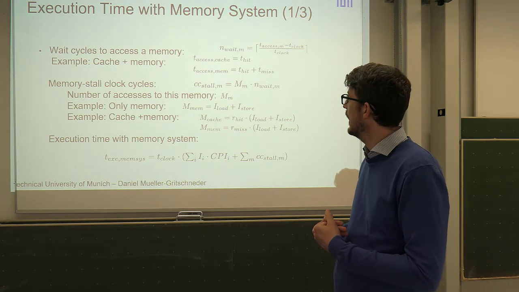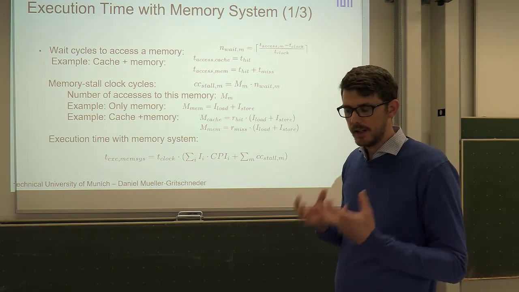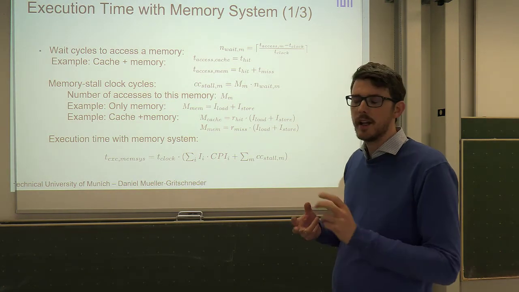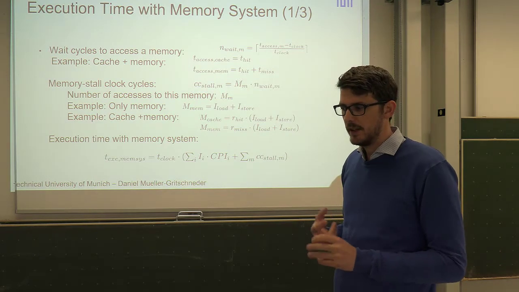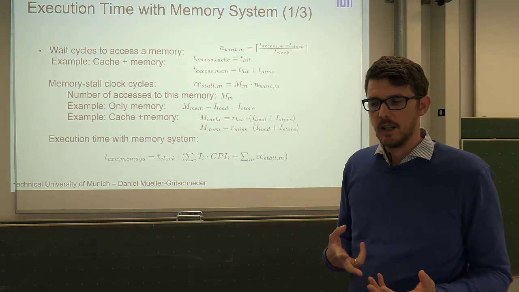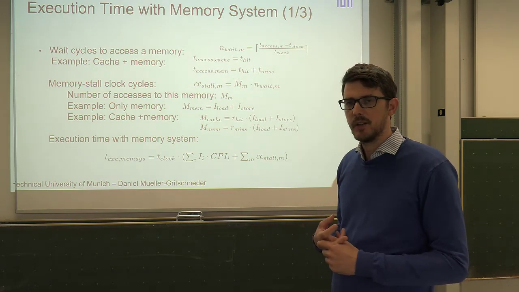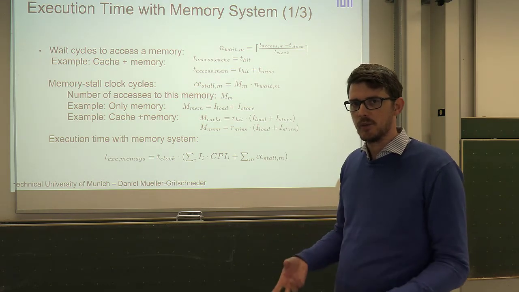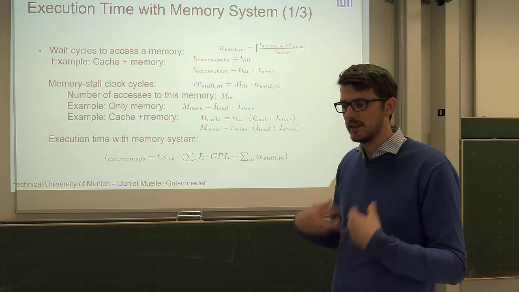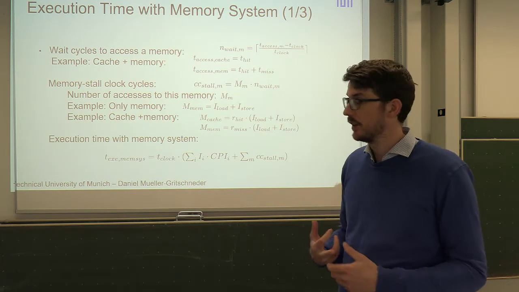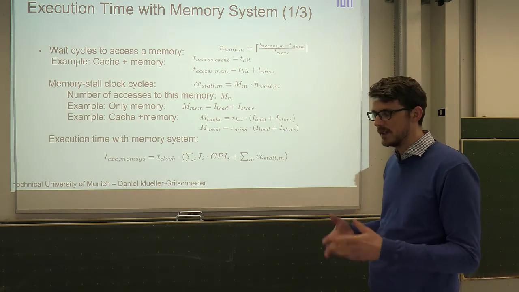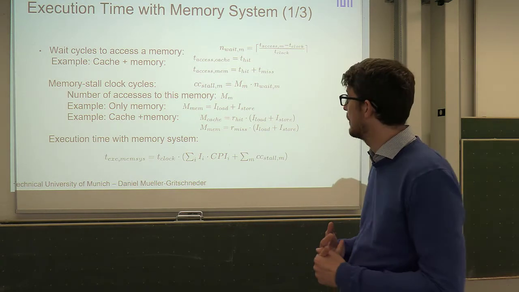As an example, we have one cache and one memory. In the beginning, we always assumed loads and stores take one clock cycle. But especially with a load, you have to wait until you get the data back before you can use it. Therefore you have to ask how many cycles you have to wait until the data comes back.